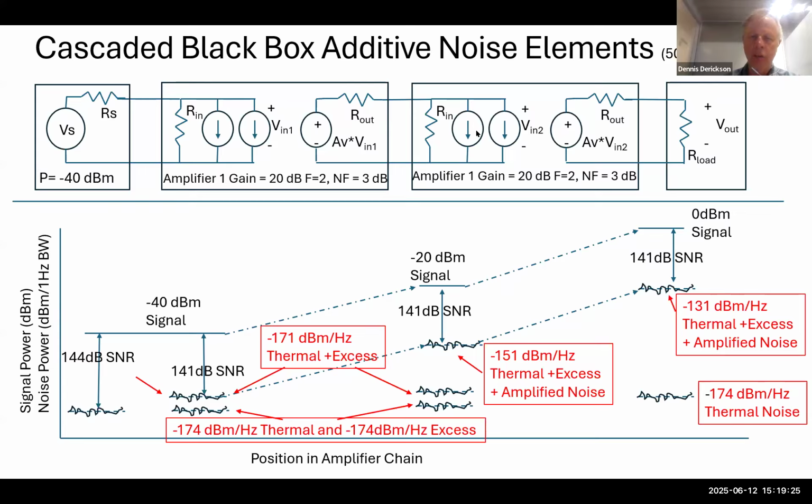So these two noise sources play no role in the noise performance of this system. And finally, we amplify to the output, giving you a 0 dBm signal in the load and a noise from the amplifier at minus 131 dBm per hertz, but still we have 141 dB of signal to noise ratio. So this is just a little quick thing about black box noise analysis, showing how gain and noise cascades through a system.